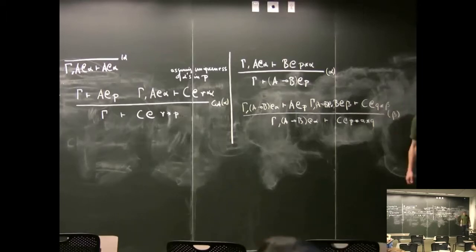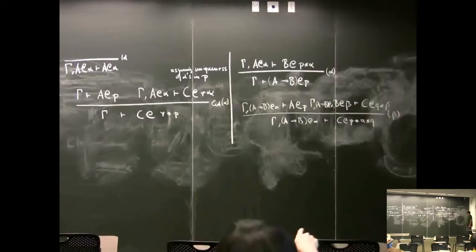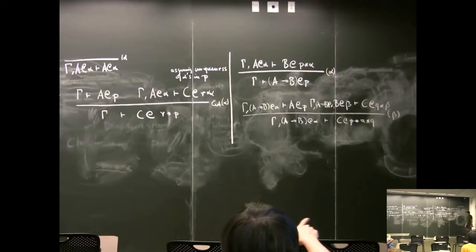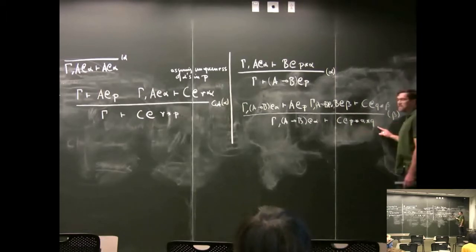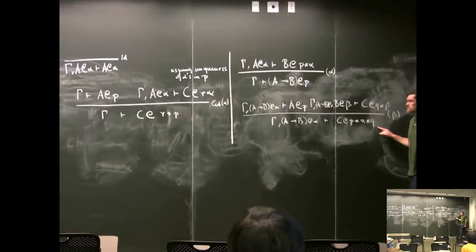I think somewhere we need to put the restriction that, for example, in this rule the variables in P and Q are disjoint. That's right, because there are no repeated variables in here. Yeah, but where should we put that restriction? Right here.